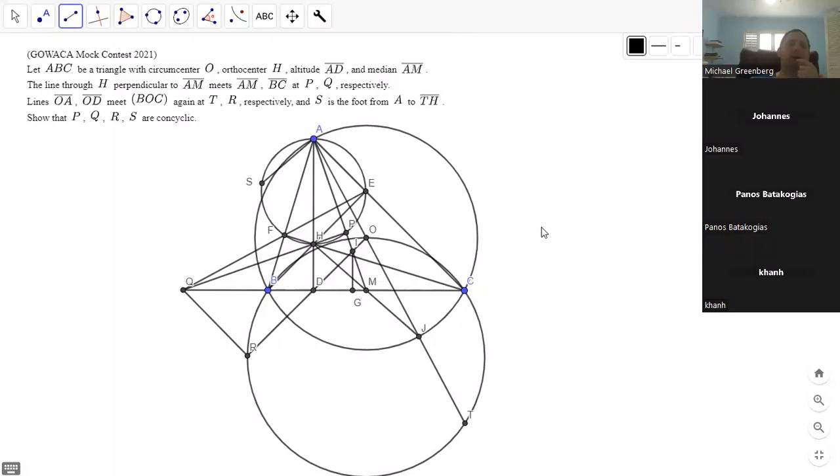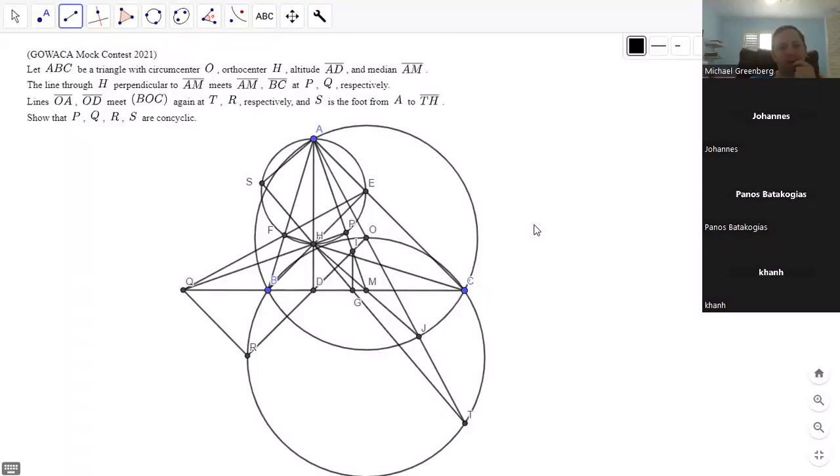So then it would just remain to prove S lies on it. It would suffice to show that SHA and SRI are similar, okay, and that appears to be true.